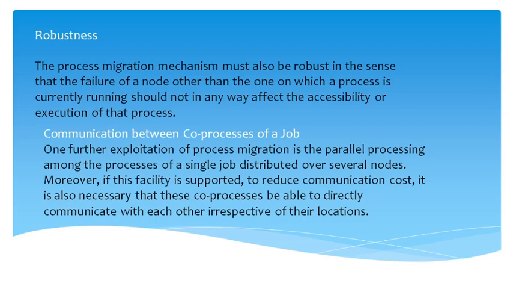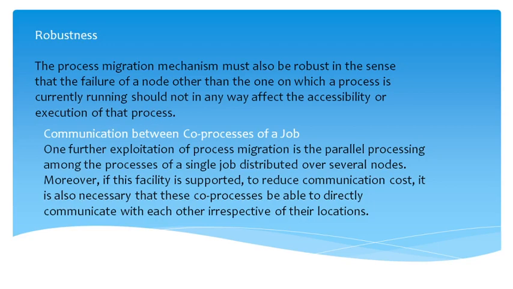And the last feature is communication between co-processes of a job. What does this mean? It is parallel processing of a job among different processes. One single job is distributed over several nodes.